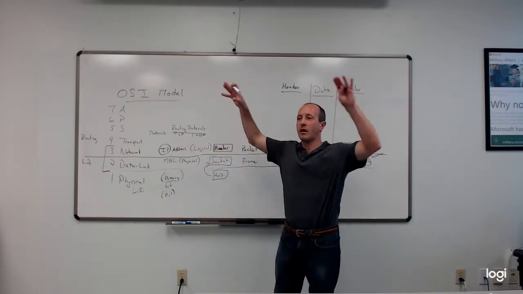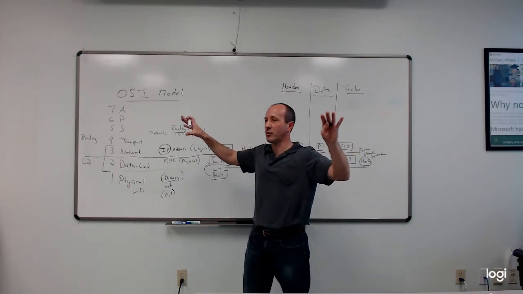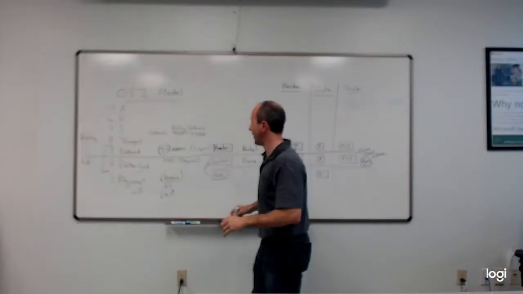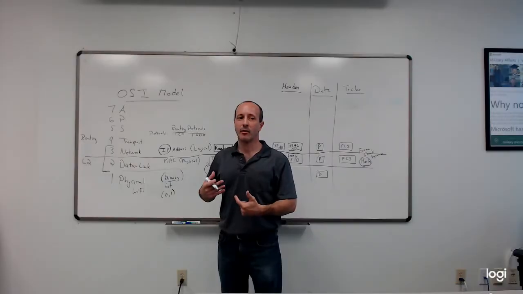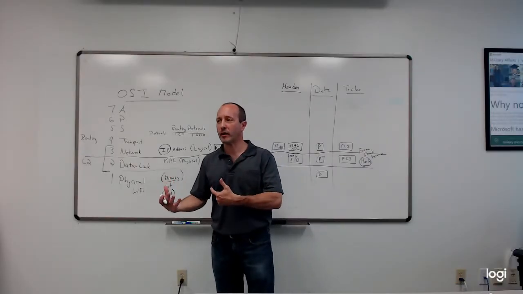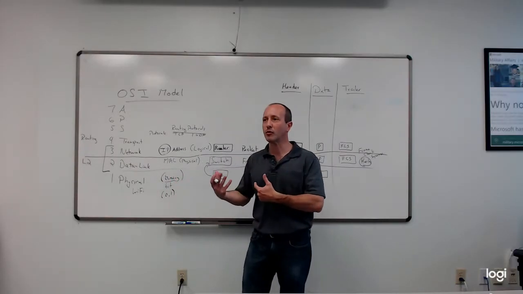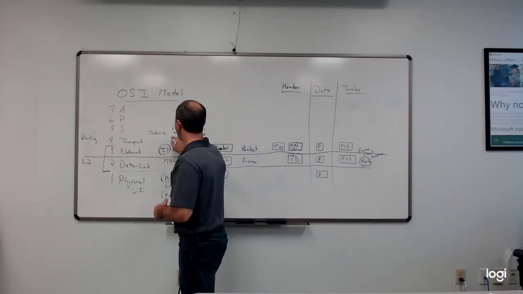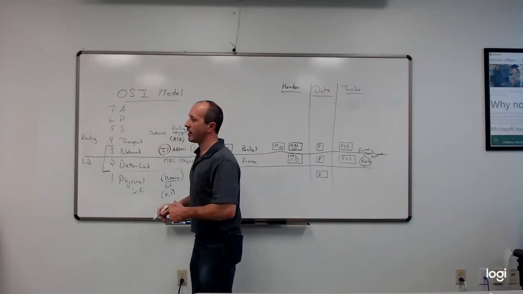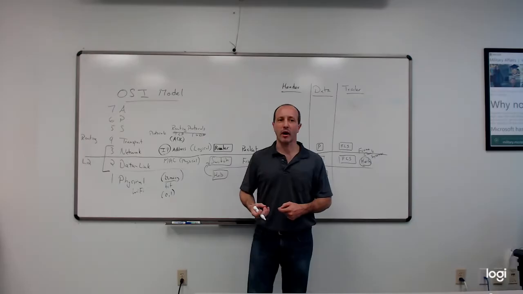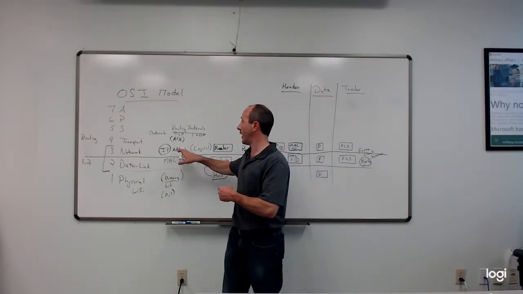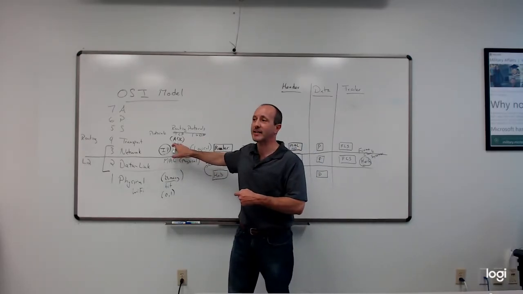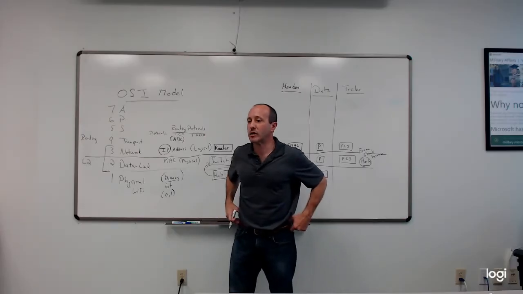These are umbrella type protocols with other protocols sitting underneath them that fundamentally control how we move data from point to point. Transmission control protocol is a protocol that requires what we call an acknowledgement. We call it an ACK packet, an acknowledgement.